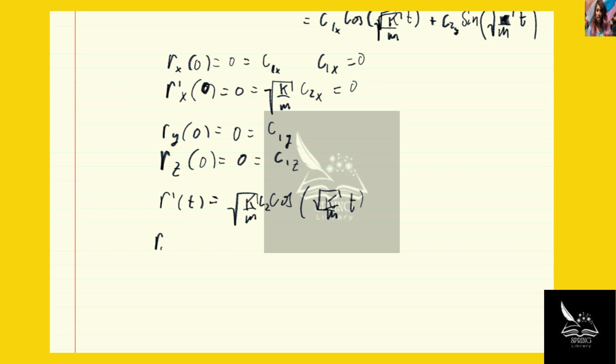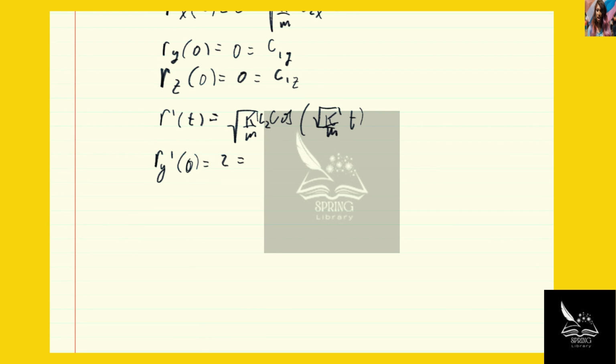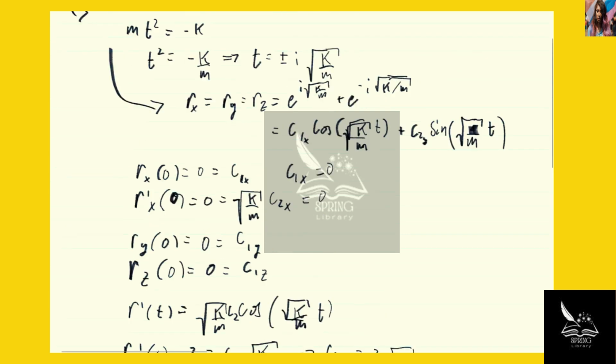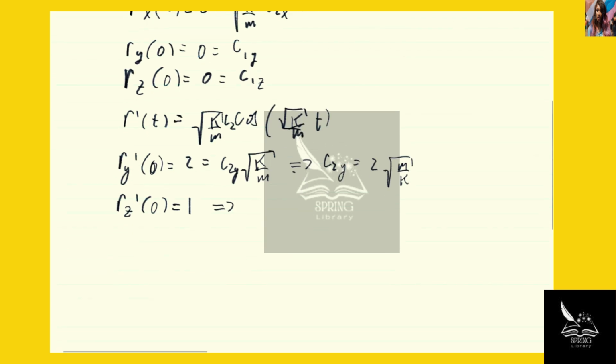So ry prime of 0 must equal 2 from our initial condition, which in turn must equal c2y times root k over m, which means that c2y equals 2 root m over k. And similarly for z, r prime of 0 is going to equal just 1, which is going to imply that c2z must equal the square root of m over k.